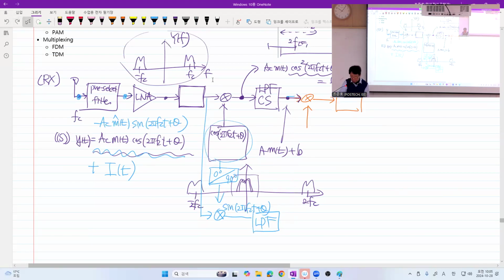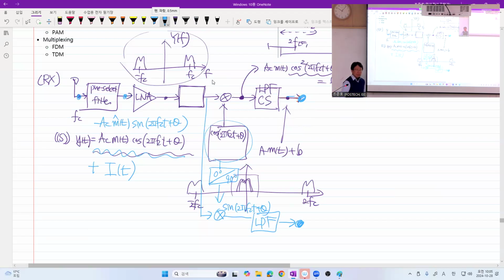Something like this. So in general, you not only have this output, you also have that output.